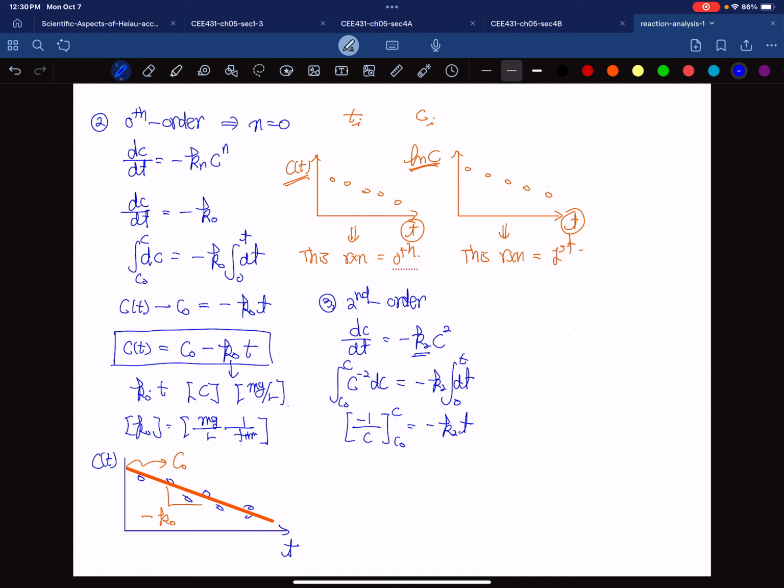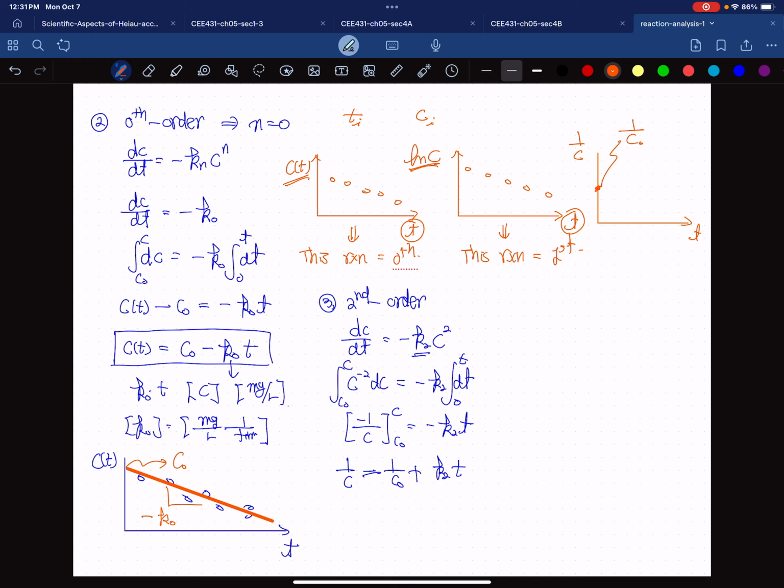Since both sides have a negative sign, you can just cancel it out. The final form is 1 over C minus 1 over C naught equals k2 t. You could add 1 over C naught to both sides. In this case, you have another plot: t on the x-axis and 1 over concentration on the y-axis. At t equals 0, that point is 1 over C0.